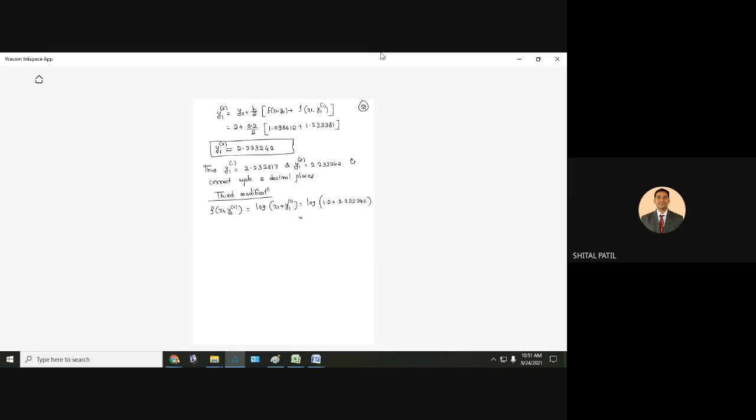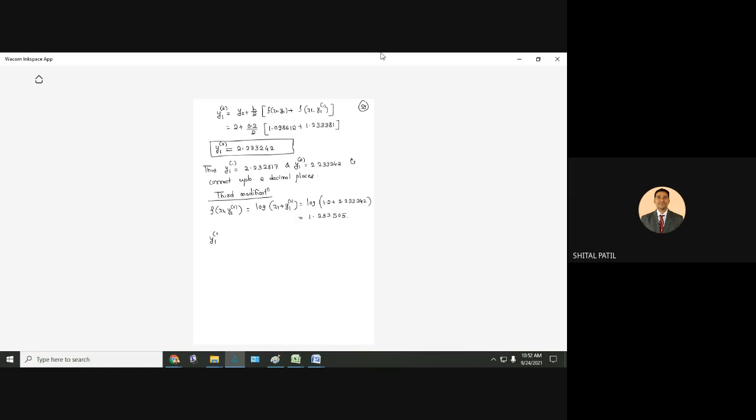What is the value? 1.2335015. 1.233505. Only 2 3 505. 505. Great. Next.